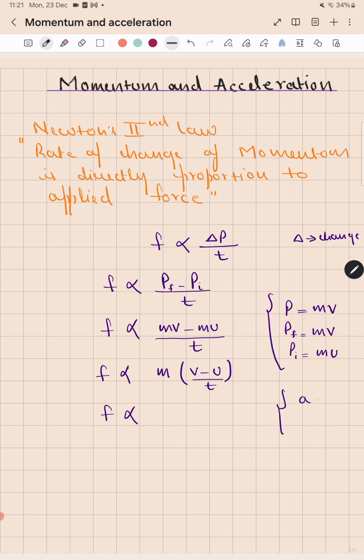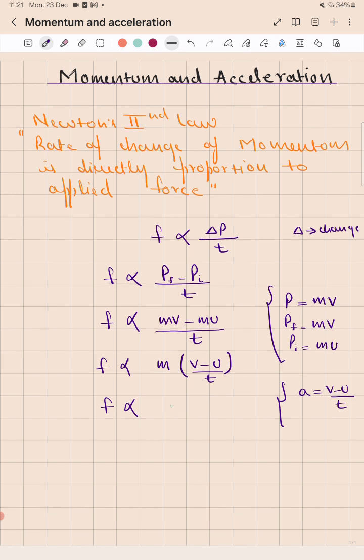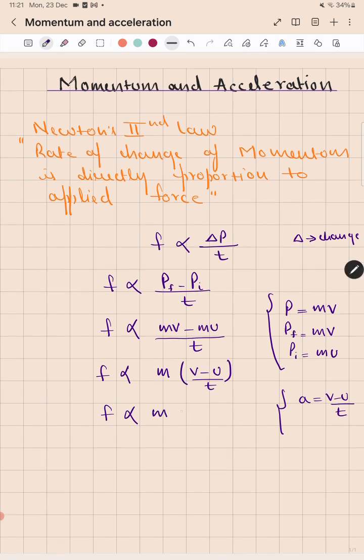The formula of acceleration is v minus u over t, right? So can we write acceleration in place of v minus u over t? Yes, we can. So I'm writing here ma. Now you know the formula F is equal to ma.